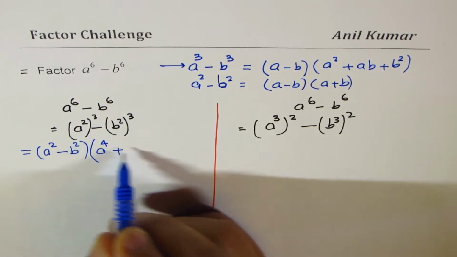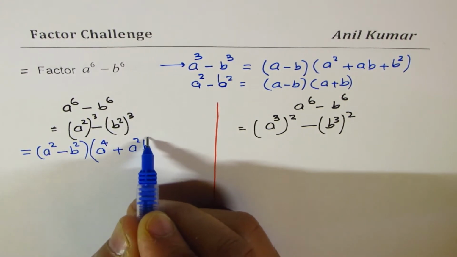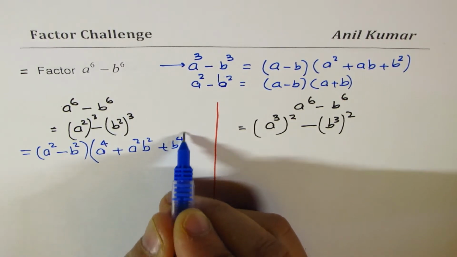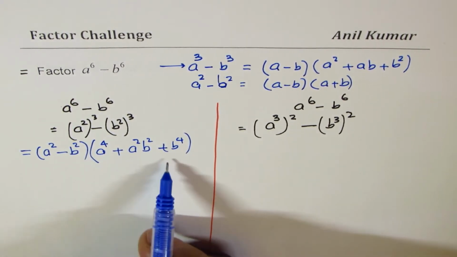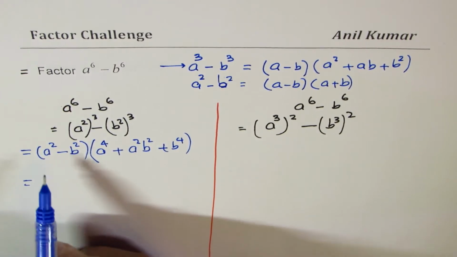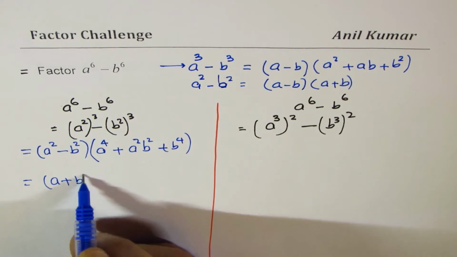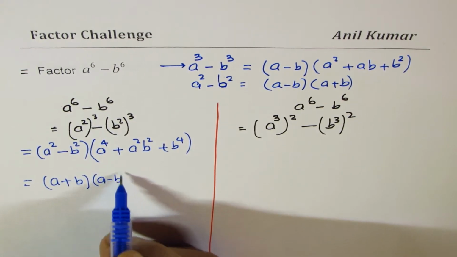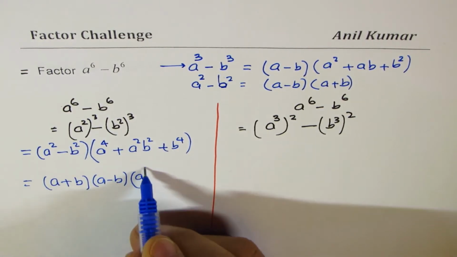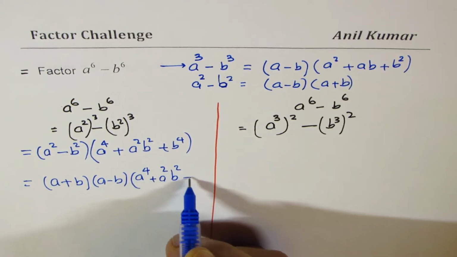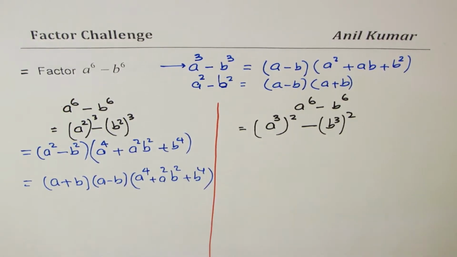First we'll write the product here, which is a square b square, and then we'll write the last term, b to the power of 4. Now that part is not factorable. However, this part is. We could write this as a plus b times a minus b times all this, which is a to the power of 4 plus a square b square plus b to the power of 4.